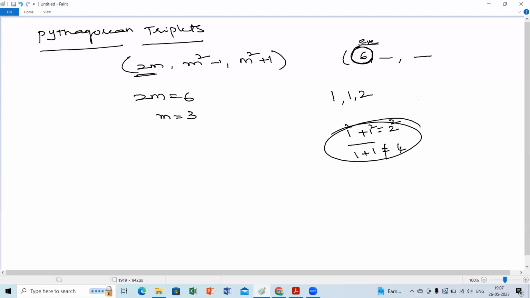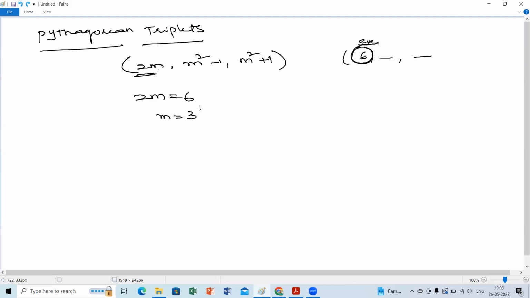We also have another way: the sum of two sides is always greater than the third. We have to recollect those properties of triangles while taking this. So we cannot take 1, 1, 2.